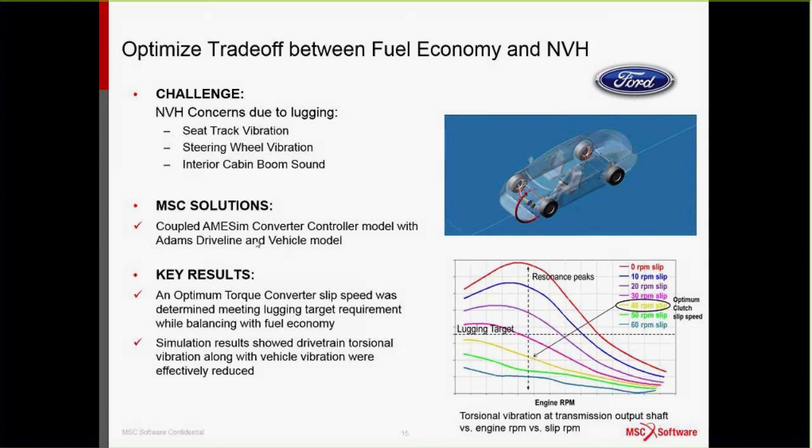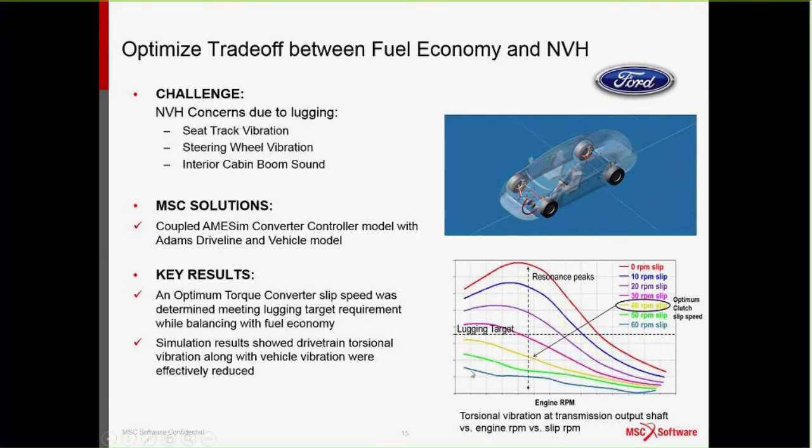As a result, with the combination of both software, AMESim and Adams connected with the FMI standard, the engineers were able to study different values of the torsional vibration with a range of desired slip RPM across a broad range of engine RPM, as you see on this picture shown here.